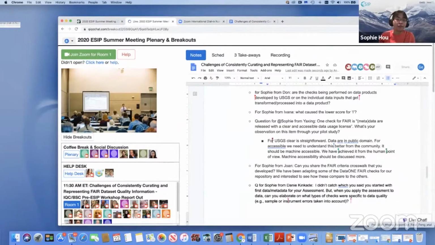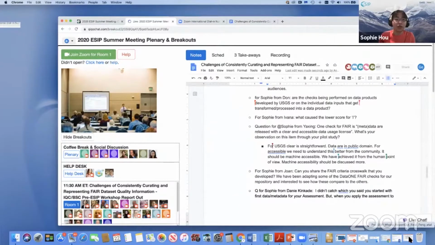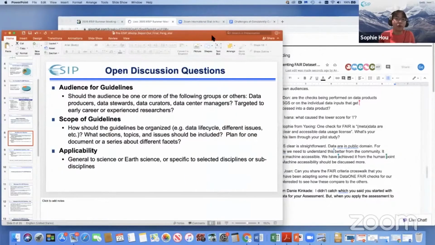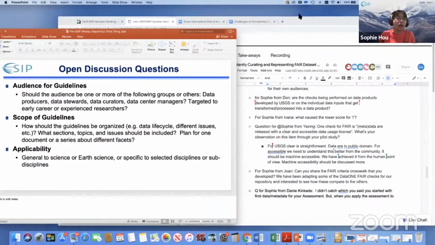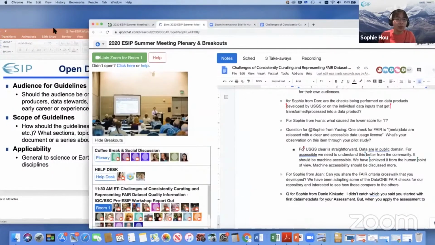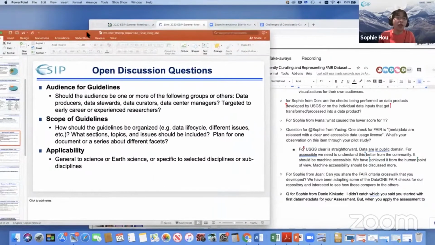So these checks did not specifically talk about sample or instrument errors or things like that. So the short answer for your question would be no, we didn't use any data specific checks, but the longer answer is probably the fields that I actually checked in order to apply the unique checks to the data.